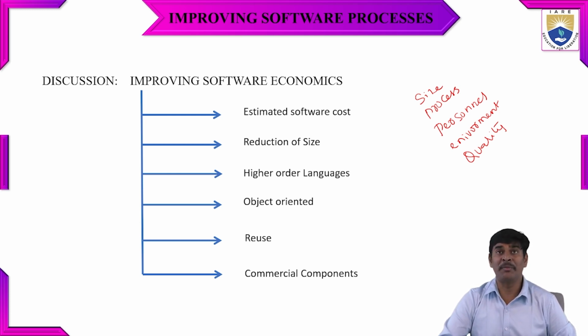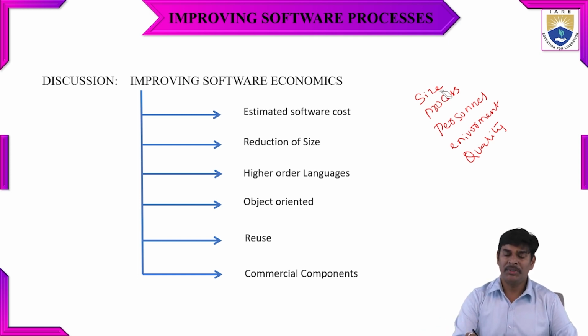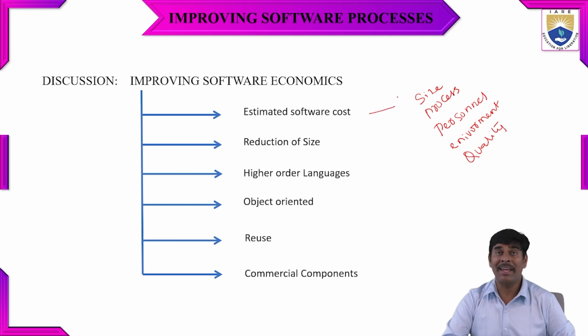These metrics are mainly used to minimize and to estimate the software cost. Here, the 5 metrics are size, process, personnel, environment, and quality. First, we know that the process exponent should be minimized; it should be less than 1, not greater than 1.